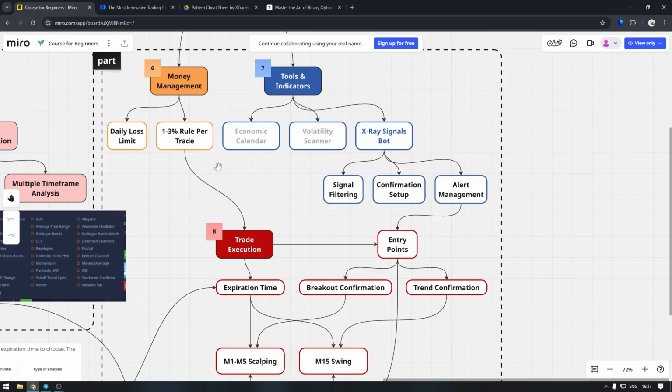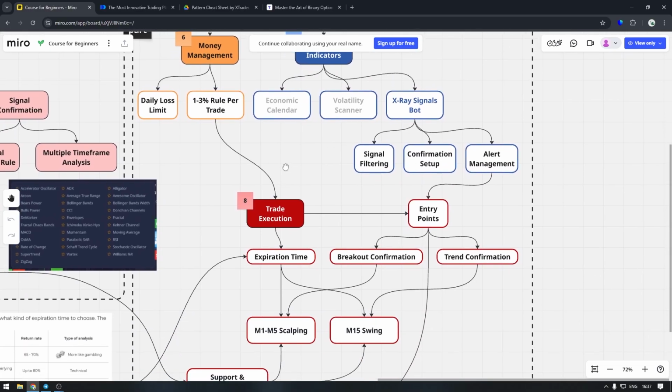I always wait for price confirmation on the chart, and I check against trading session and asset volatility. Your additional tools are the economic calendar and volatility scanner. In the near future, we'll include them in the X-ray signals bot. And an important warning for you: no tool provides 100% accuracy. Your system should be resilient to tool errors.